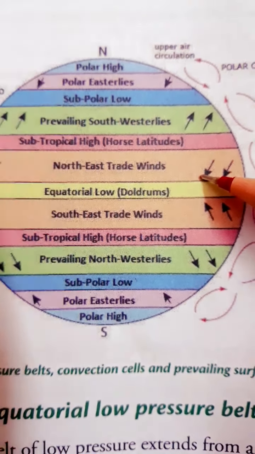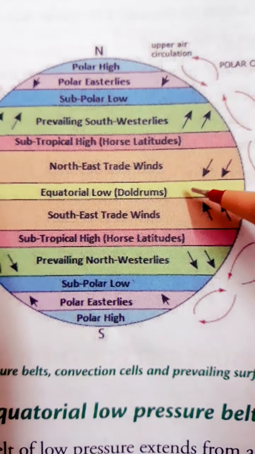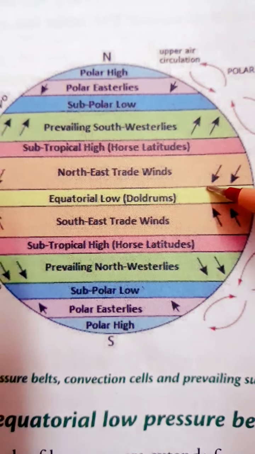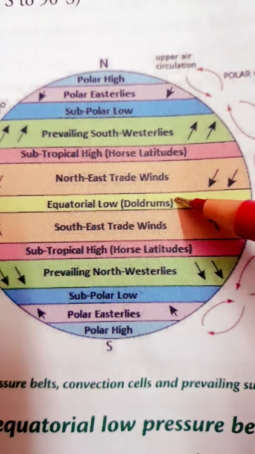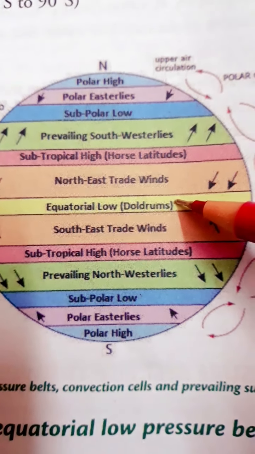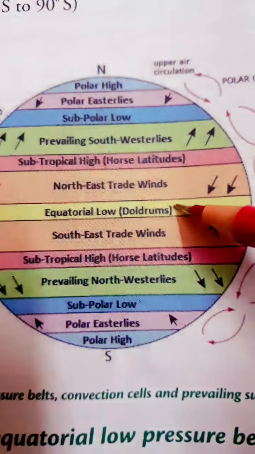This arrow is coming from the northeastern side to the southwestern side, right? The winds are coming from the subtropical high to the equatorial low pressure belt. They blow in the tropical zone from the northeast to the southwest in the northern hemisphere.